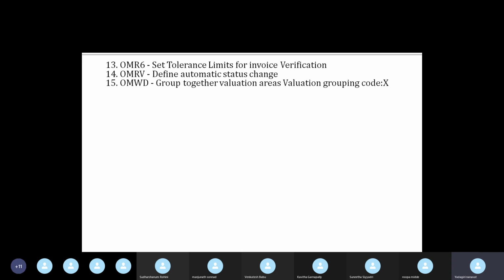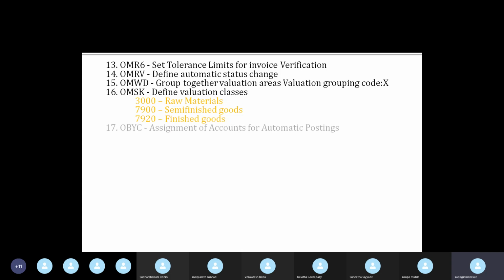OMWD group together valuation areas, valuation grouping code, and OMSK define valuation classes like 3,700, 900, 7,900 semi-finished goods and 7,920 finished goods. OBYC assignment of accounts for automatic posting.